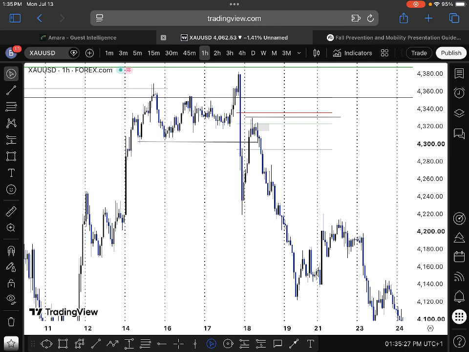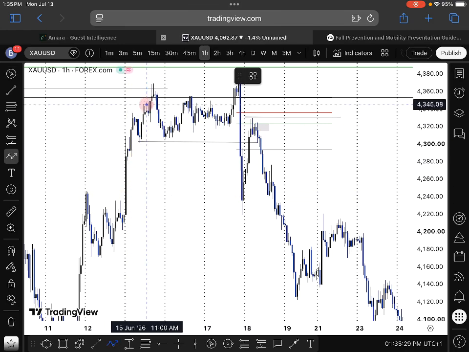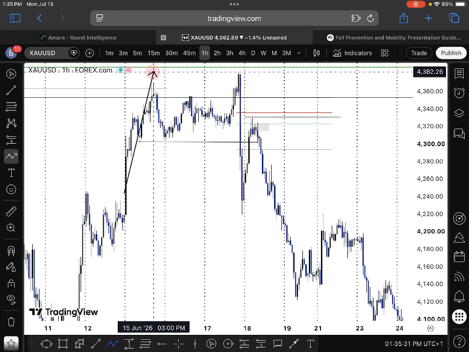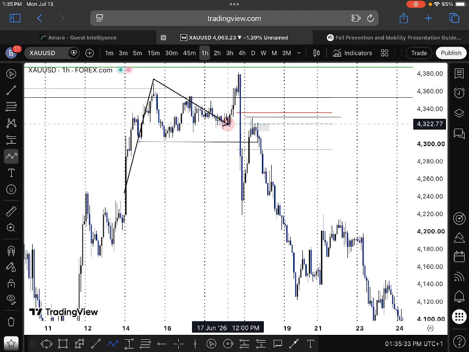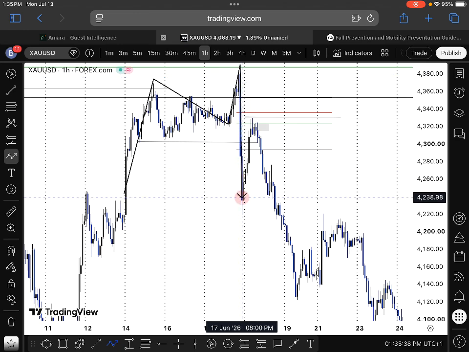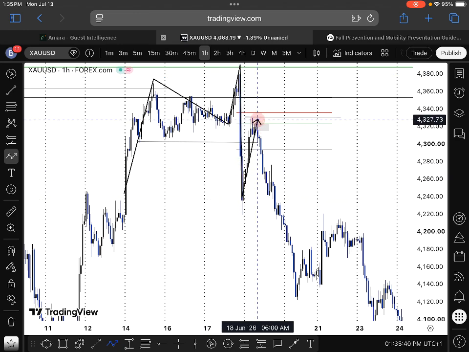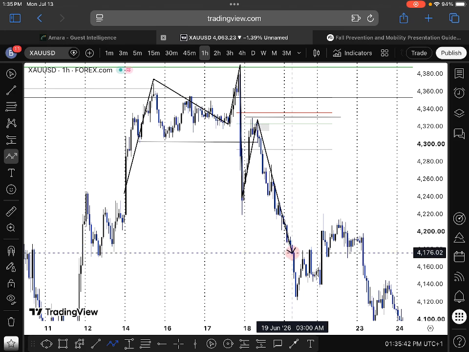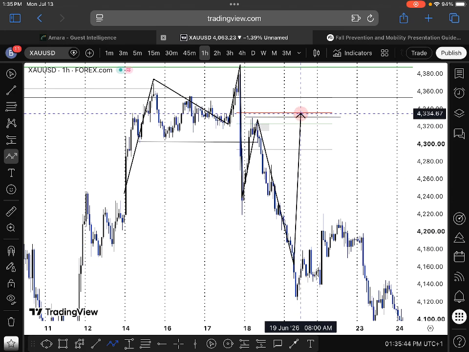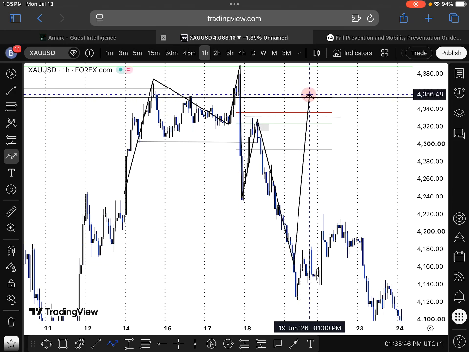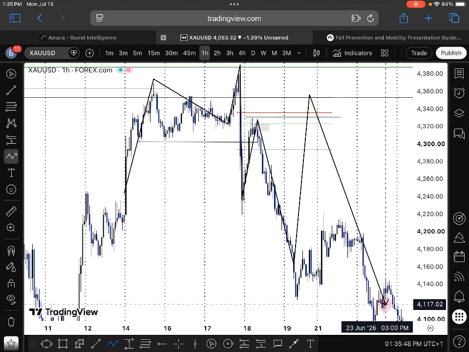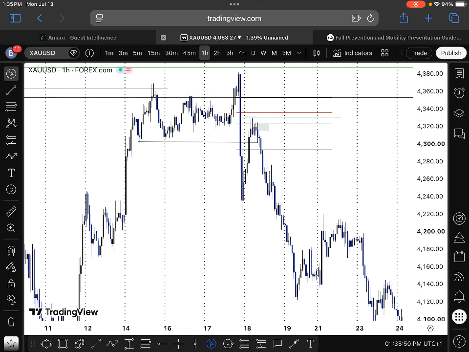So I've created the liquidity. You can see price goes like this, then there's a sweep, then there's this drop, break of structure, then there's engineered liquidity, then price goes, then price comes back to the order block, taps the order block and drops. Have you seen it now?